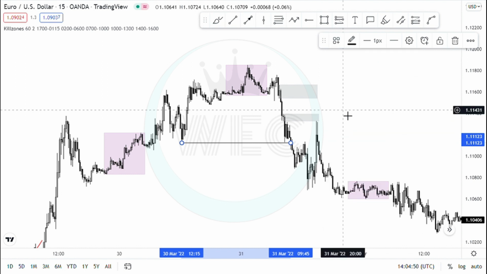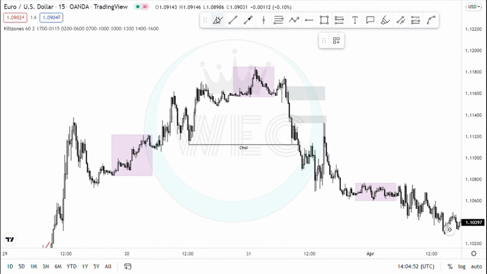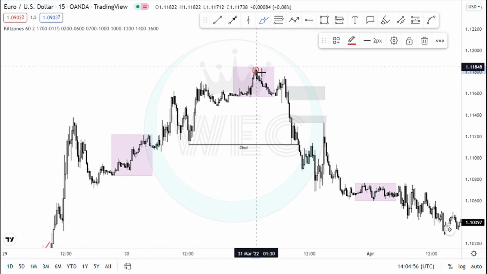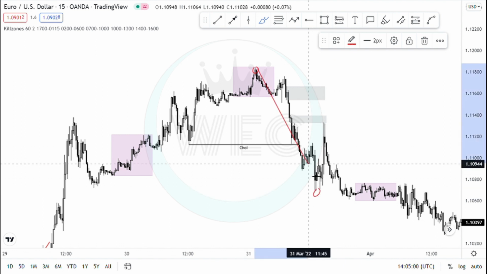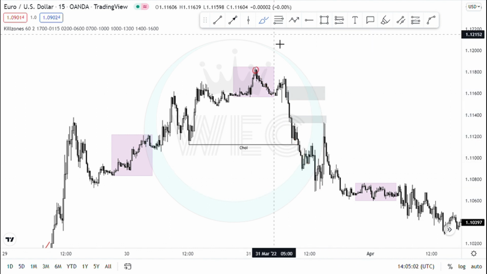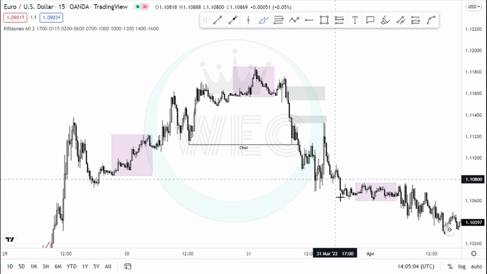Okay, so we have this whole leg as my 15-minute swing leg, from here to this point. First thing, I can see that there are so many order blocks, but I am going to mark those that are within my premium zones.